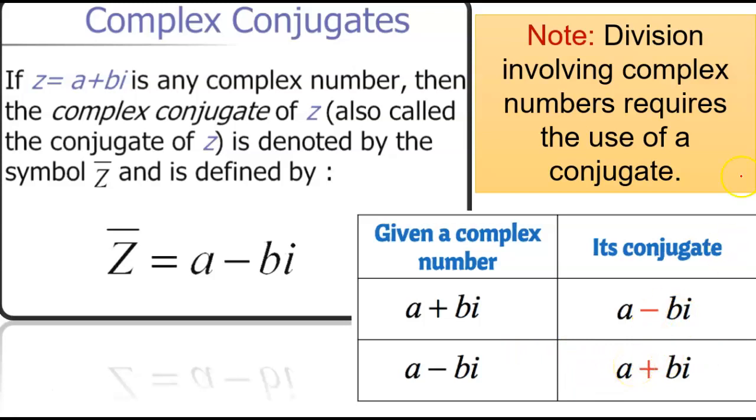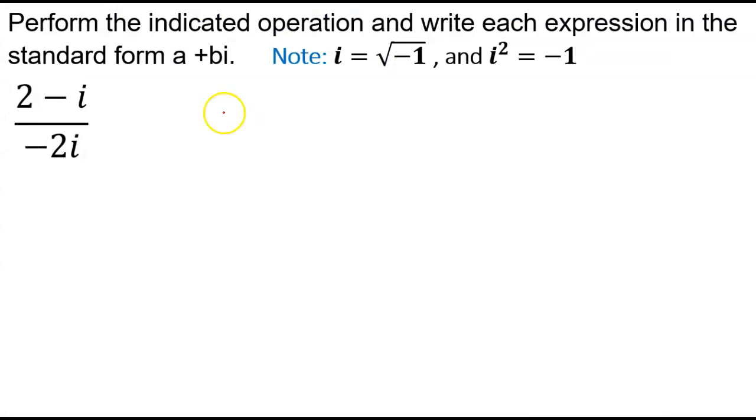Another thing we need to remember: the conjugate is very useful when we divide by a complex number. If the complex number is the divisor, we have to multiply the top and bottom by its conjugate before we can evaluate it. Okay, let's look at an example. It's one of the problems in the textbook: 2 minus i divided by -2i. We see the divisor is an imaginary number.